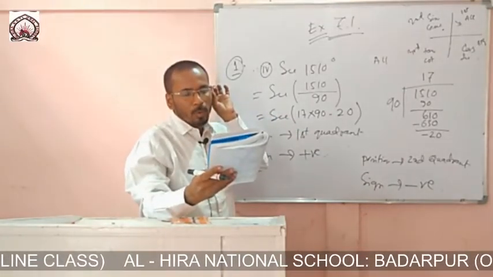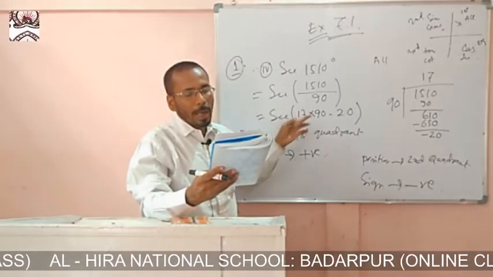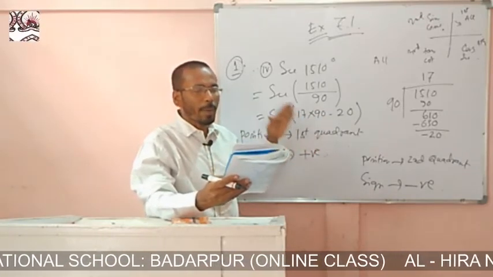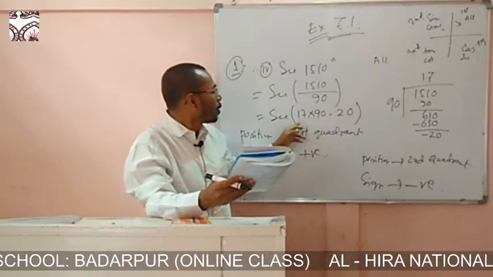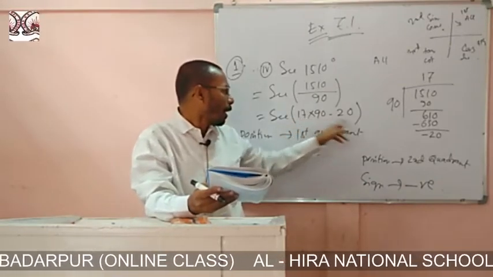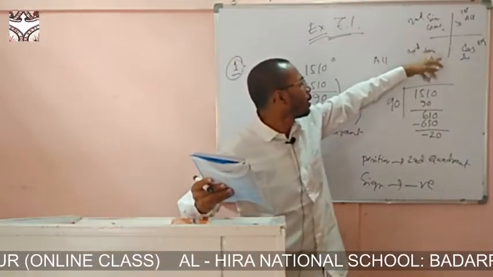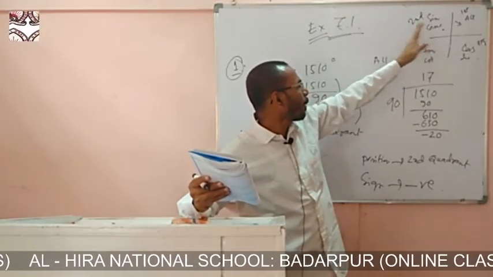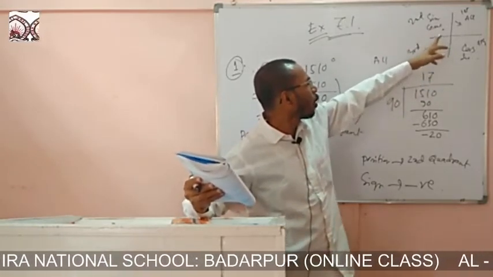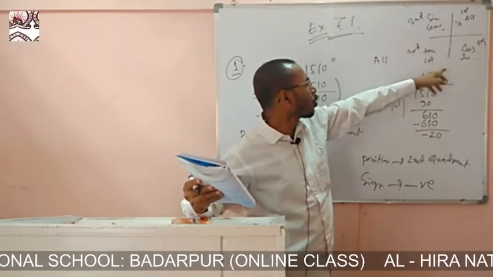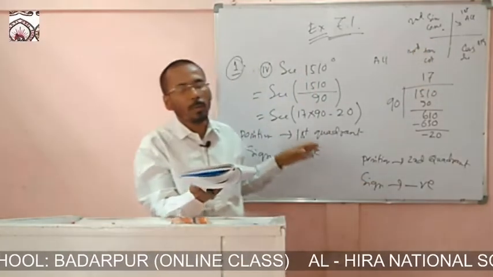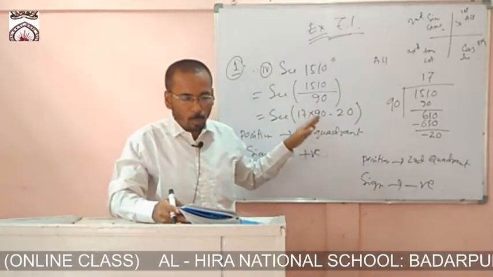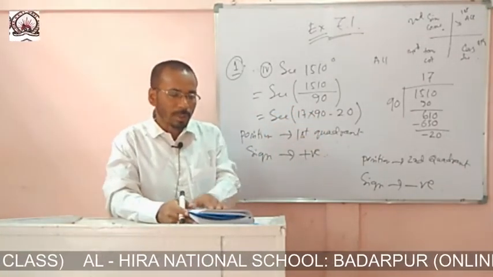Like this, for whatever value is greater than 90 degrees, by dividing by 90 you can find out the position, and after that you locate in which quadrant it lies, and by this ASTC rule, all, sine, tan, cos, you can select the quadrant and also the sign.